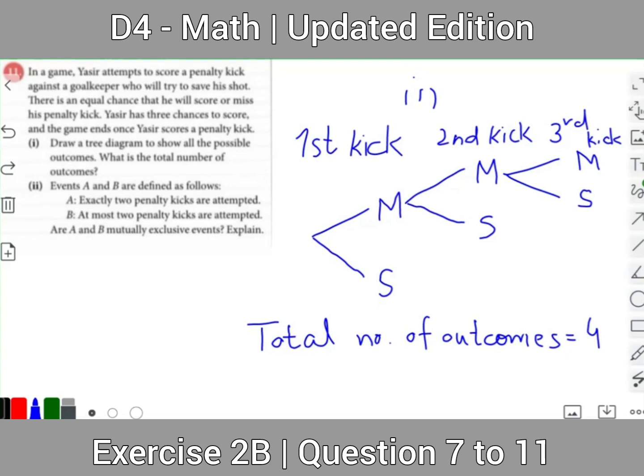And the game ends once Yasser scores a penalty kick. So when Yasser scores a penalty kick, the game ends there. So here we have 1 chance, 2 chance, 3 chance, and the last chance is here. So that's why the total number of outcomes is 4.